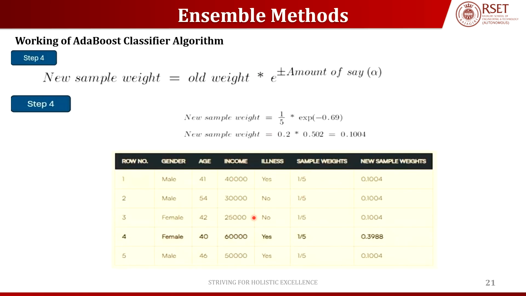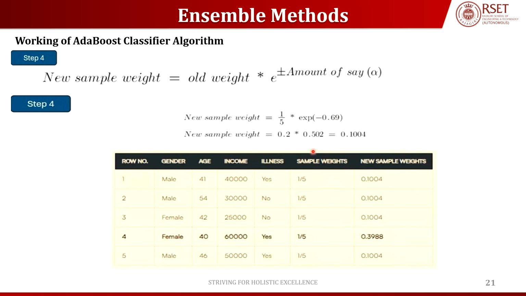So now that we have our alpha, we can go to step 4, updating the sample weights. The key idea here is to increase the weights of the data points that the first model misclassified. And the new sample weight is calculated using this particular formula. For the data points that were correctly predicted, we use a negative alpha, which makes their new weight smaller.